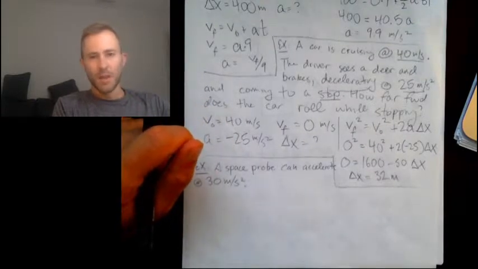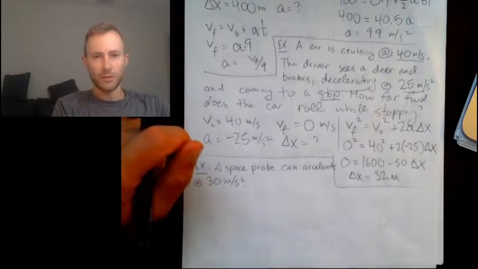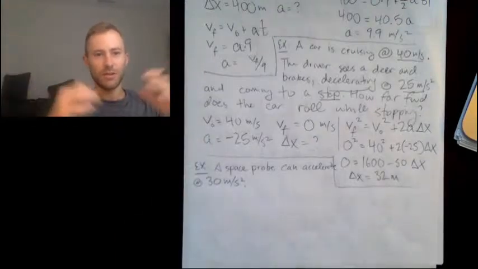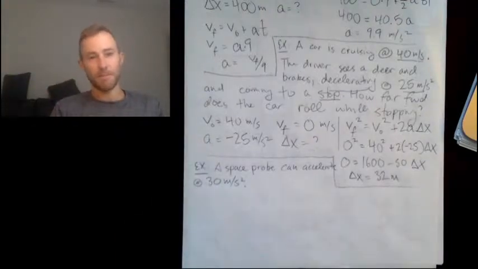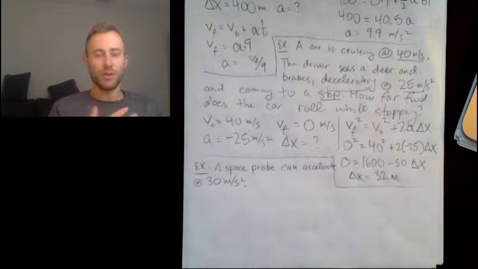All right, that's a pretty typical acceleration if you're in space. If you accelerate too much, you risk damaging the structure of the probe. Similarly, if you have humans in the space probe, then accelerating too much would hurt them, as we saw in the video. So we're kind of limited on the amount of acceleration we can have.